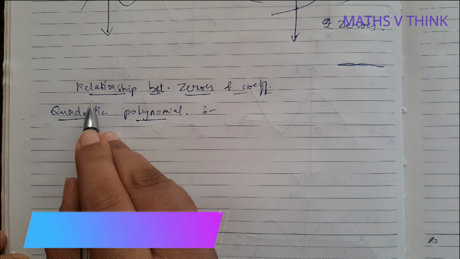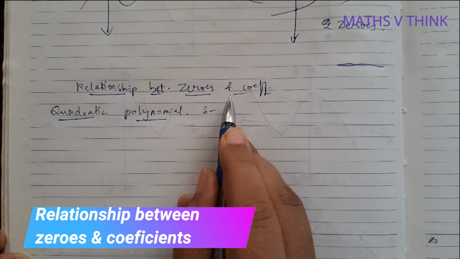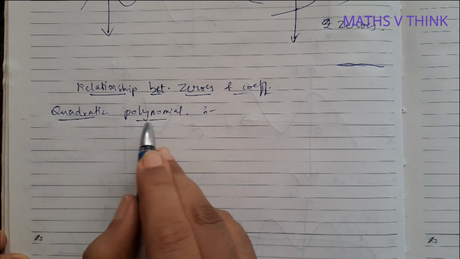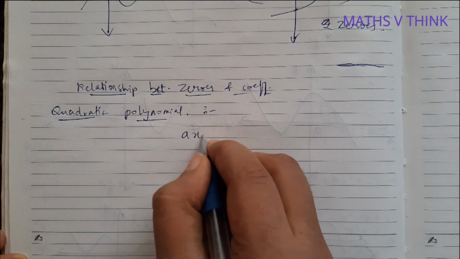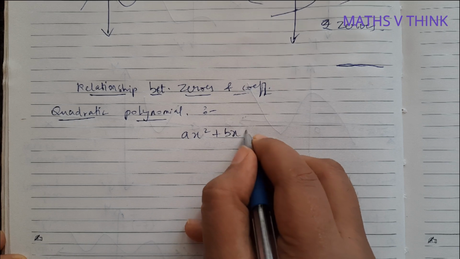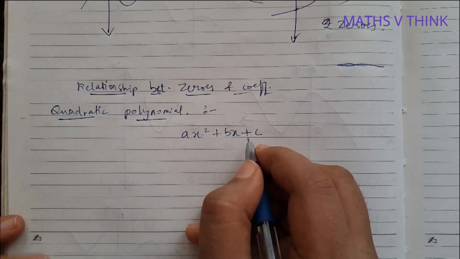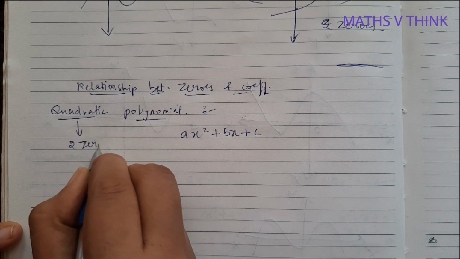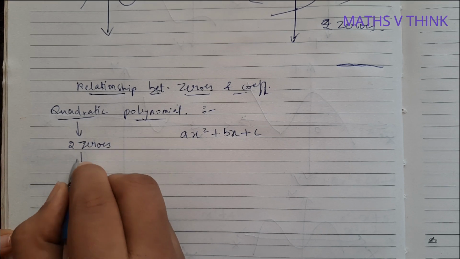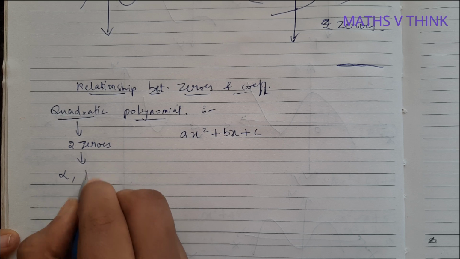Now I will be discussing the relationship between zeros and the coefficients of the quadratic polynomial. We know the general form of the quadratic polynomial is ax square plus bx plus c, and I already told you that quadratic polynomial has 2 zeros. Let the 2 zeros be alpha and beta.